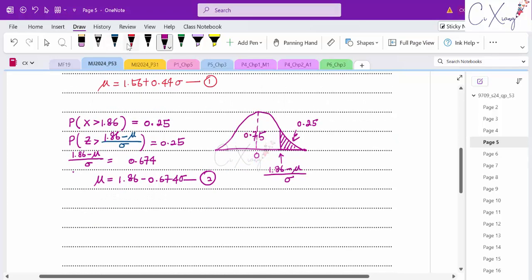Okay, let's try. I let equation number 1 equal to equation number 2.